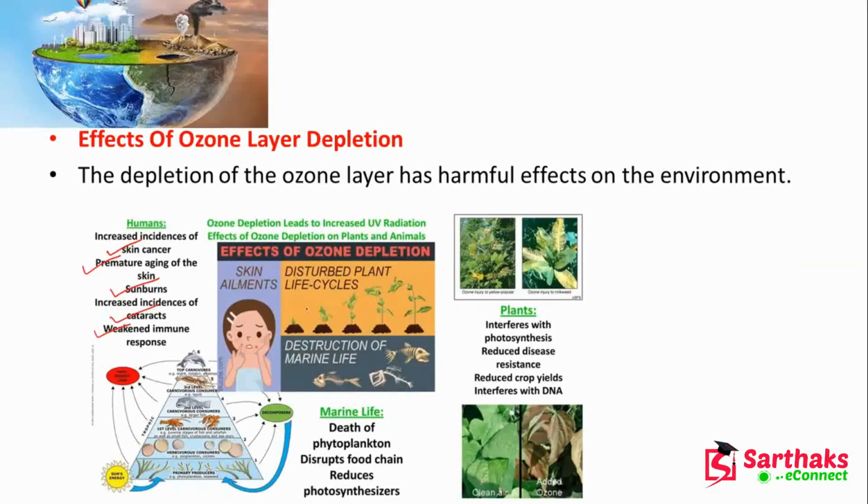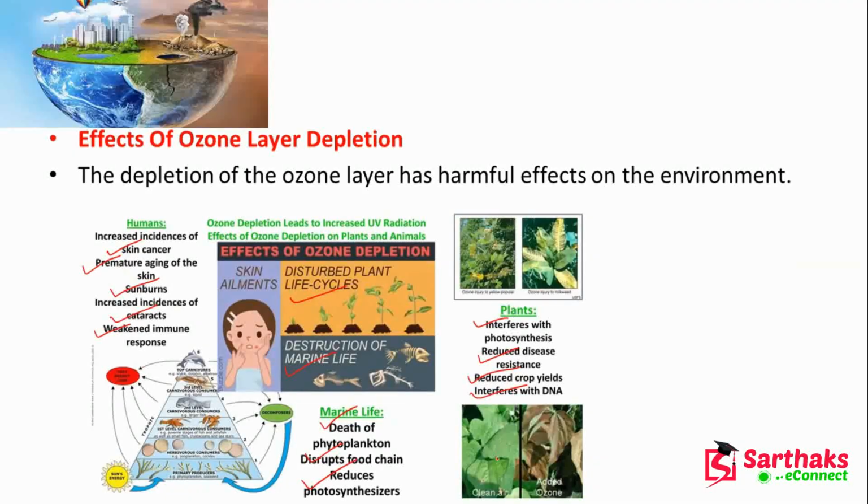We also have destruction of marine life, disturbed plant life cycles, death of phytoplankton, disruption of the food chain, reduced photosynthesis, reduced disease resistance, reduced crop yield, and interference with DNA.